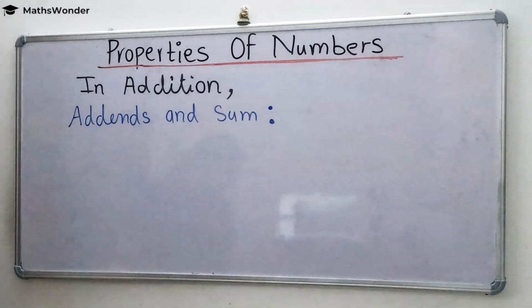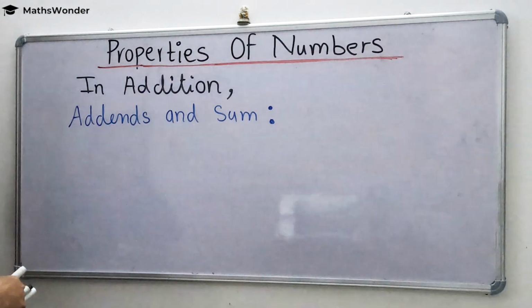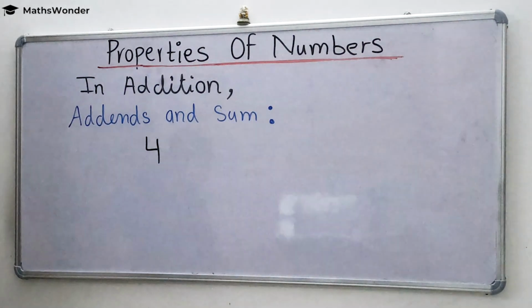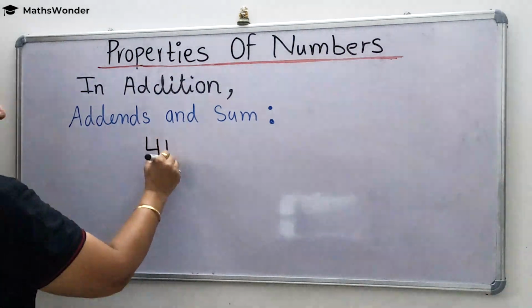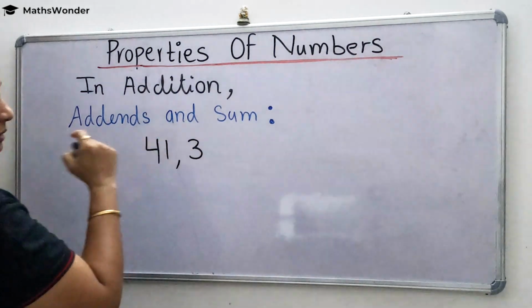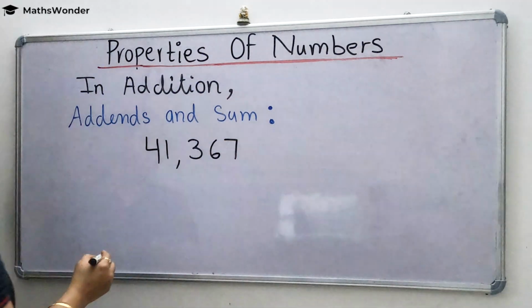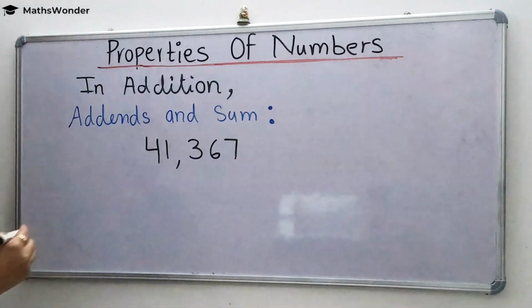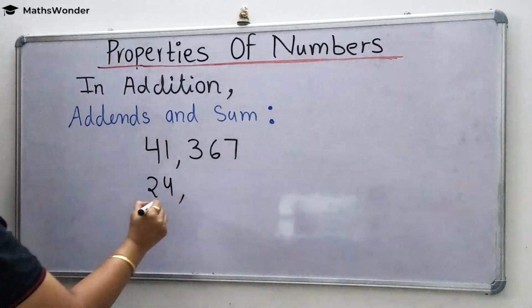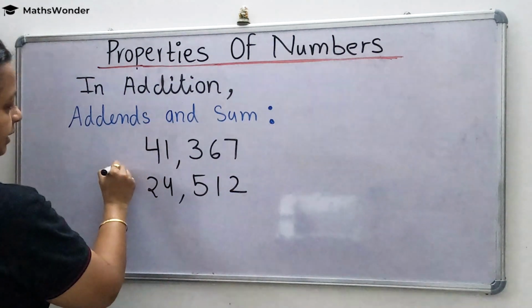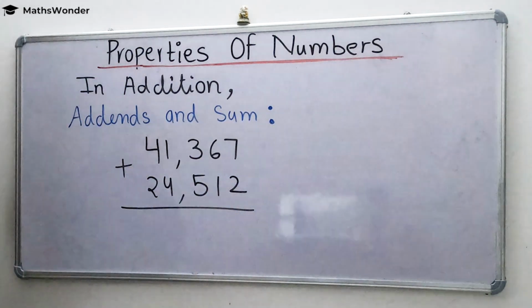For example, 5 plus 5 equals 10. 10 is the sum. Yes, correct. Suppose I am giving a big number, for example 41,367, and we are adding it with 24,512.